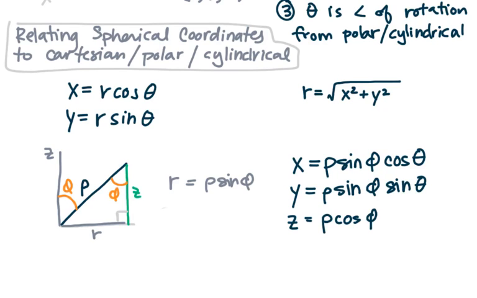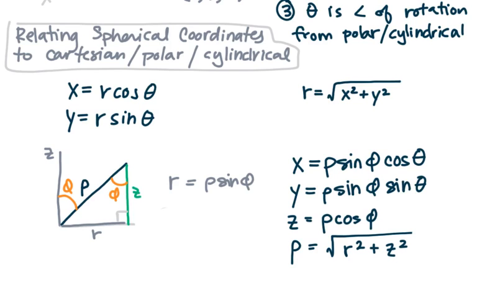All right, let's think about how we can define this rho value as well. So normally we would have some r defined in terms of x and y, but we need to know how to define that hypotenuse rho. So by looking at that right triangle, we can see rho equals the square root of r squared plus z squared.